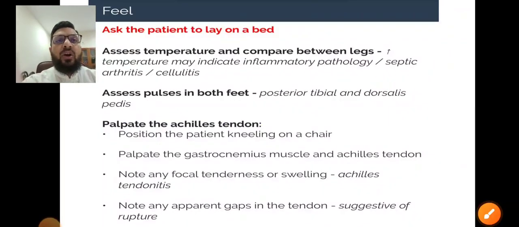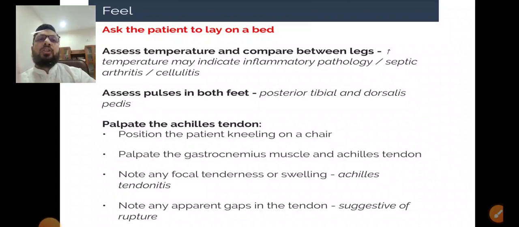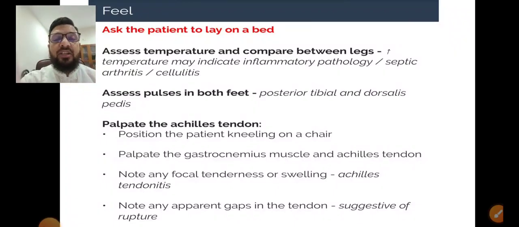After that, you will ask the patient. All this examination is done up to this point while the patient is standing. Next you will ask the patient to lie down, and explain, now I am going to feel, I will check the temperature, and whether you have any pain.